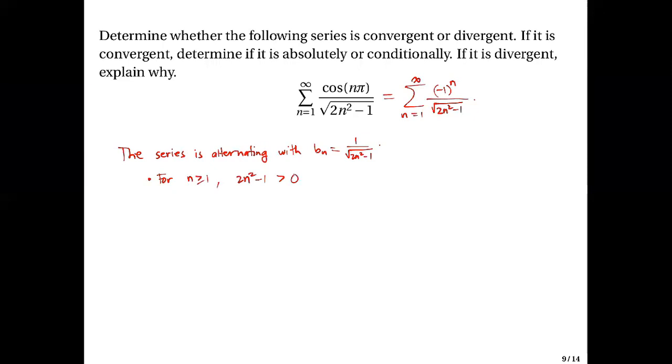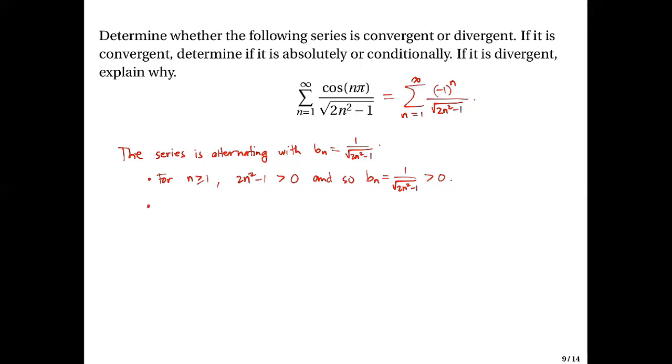Correct? And so b sub n equals 1 over square root of 2n squared minus 1 is also greater than 0. This tells us that the square root is defined, and since we just take the principal square root, we get positive values. So you have positive b sub n's.